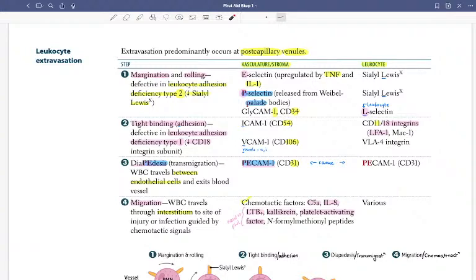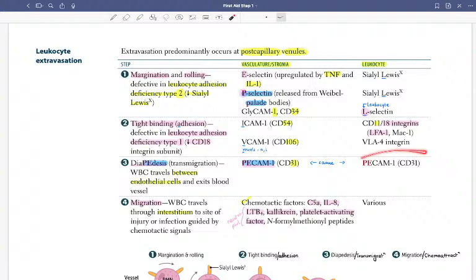Leukocyte adhesion deficiency type 1: decreased CD18 integrin subunit. Decreased sialyl Lewis means a leukocyte issue; decreased CD18 also means a leukocyte issue, because CD11 and CD18 integrins are present on leukocytes: LFA-1, Mac-1, and VLA-4 integrin.